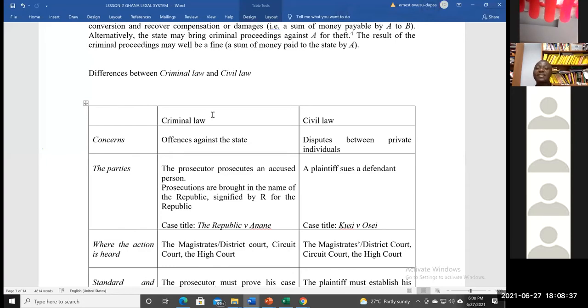Then in terms of parties, in criminal law, the parties are the prosecutor, that is the Republic, prosecuting an accused person. And then we often say maybe the Republic against, let's say, Anani. And in civil law, we have seen, the plaintiff sues the defendant, maybe Kusi against Osei and things like that.